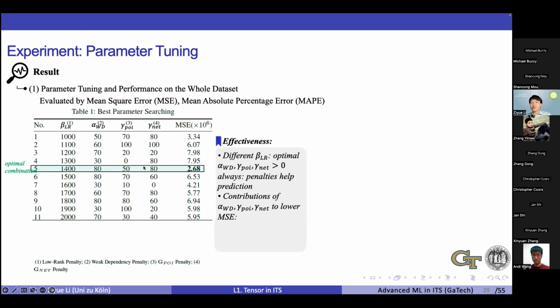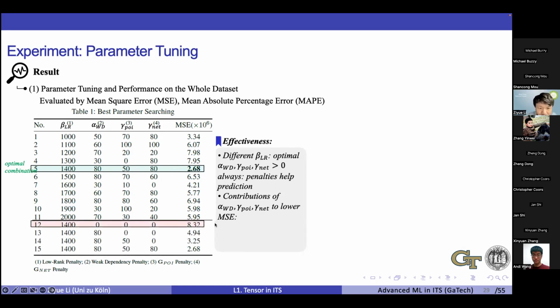So which contributes more, which contributes less? So we did an ablation study. Based on the best optimal combination, we first delete all of our component designs. Then you can see the MSE becomes really big, really bad. And then we add the weak dependence.